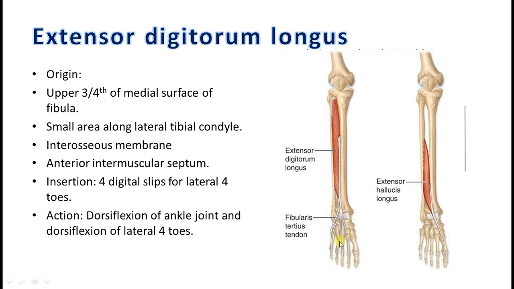So again it is a dorsiflexor of the ankle joint and also of the lateral 4 toes. Okay, so dorsiflexion of the ankle as well as the dorsiflexion of the lateral 4 toes is brought about by this extensor digitorum longus muscle.